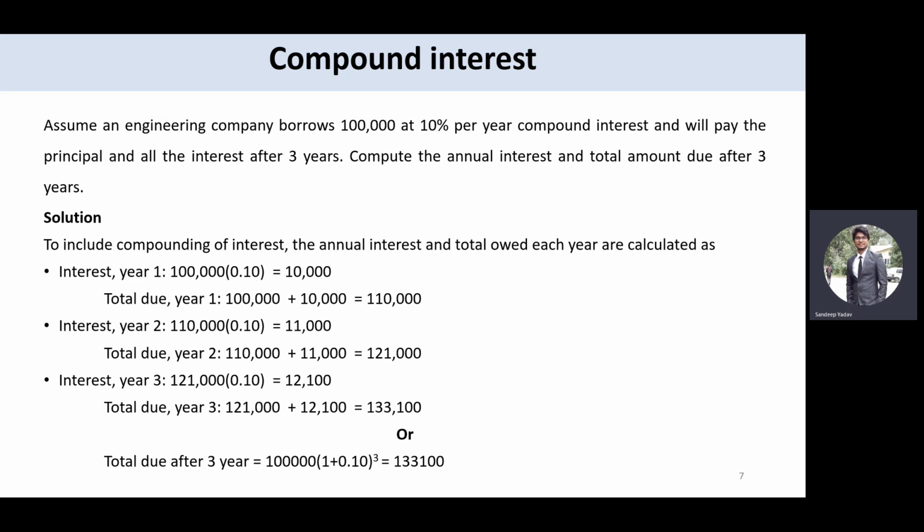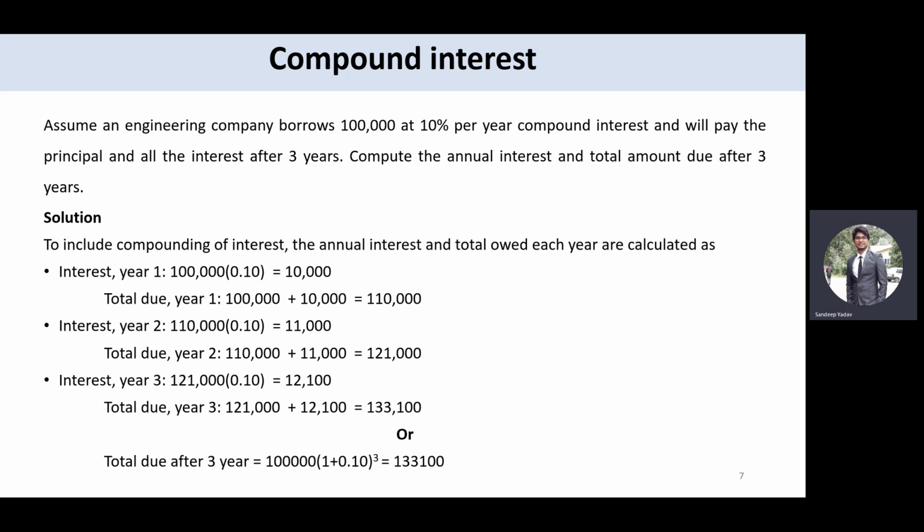To include compounding of interest, the annual interest and the total owed each year are calculated. Interest for year 1 will be 1 lakh into the interest rate, that is 10,000 rupees. That will be for the first year.